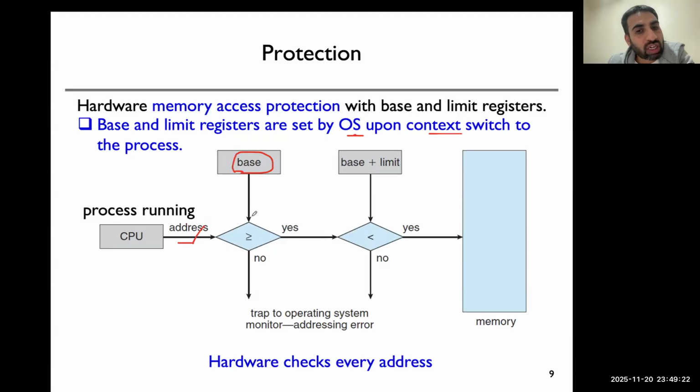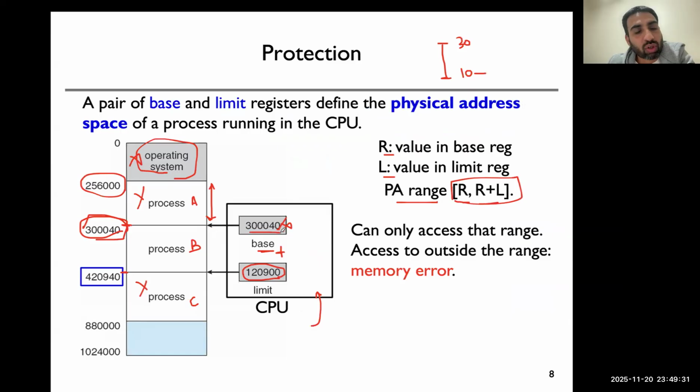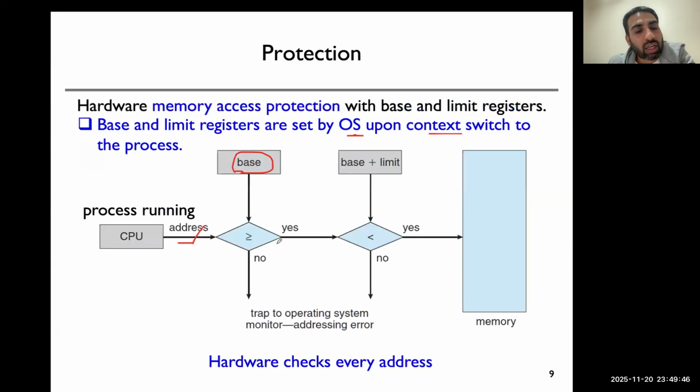If no, meaning it is less than base, then an illegal address has been generated. For example, here the base value is 30040. If process B, while running, tries to access a memory location less than, let's say, 30039, which belongs to process A, then since it is less than the value of the base register, an error will be raised, and the operating system will take care of that error.